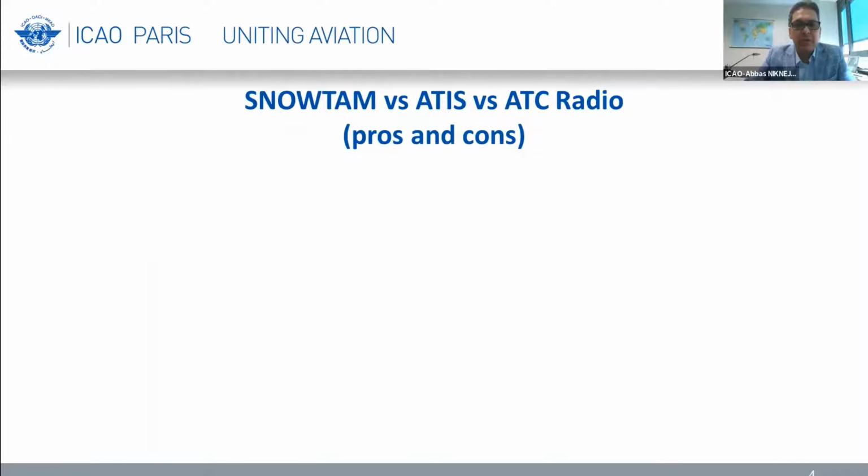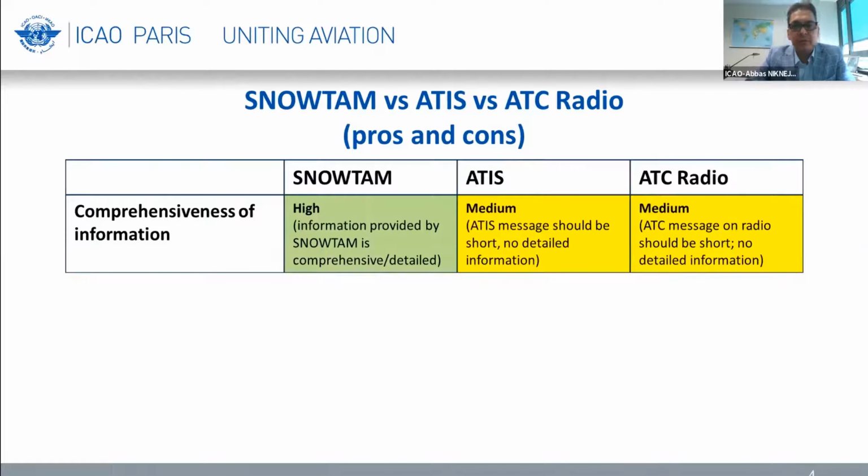So here you will see some comparison of pros and cons of a Snowtam, ATIS, and ATC radio very quickly before we get into the discussions about Snowtam itself. In terms of comprehensiveness of information, a Snowtam would be very comprehensive because it will reflect all the details received through RCR via an ATS message, which is called a Snowtam in this case.